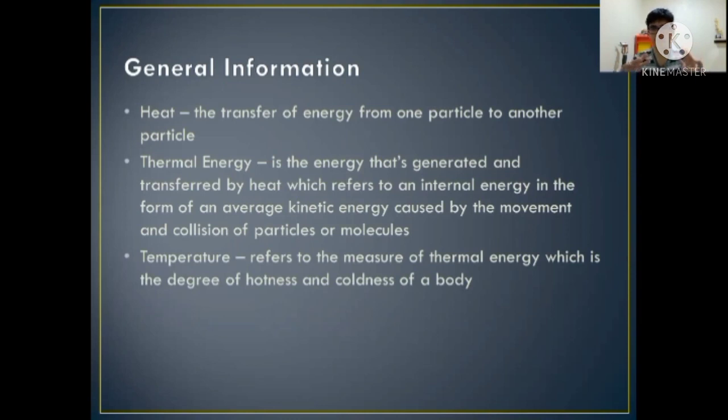There will be a number generated by something called a thermometer. That number will have some degrees or other units, right? Generally they use Celsius or maybe Kelvin. And the number that is generated is the temperature that your body or another substance has. And that's all for the general information.